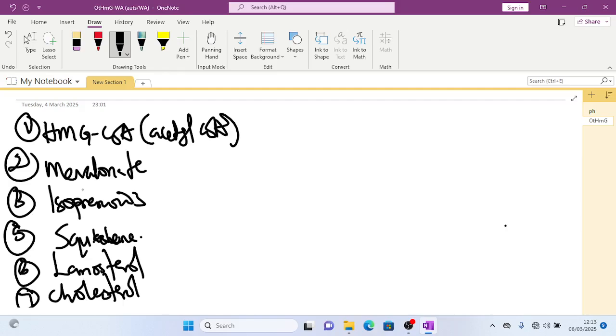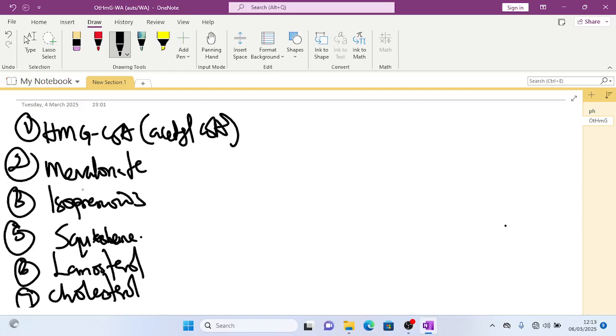First is to make HMG CoA from acetyl CoA, and then after making HMG CoA, we convert it to mevalonate. After making mevalonate, we form our isoprenoid unit.